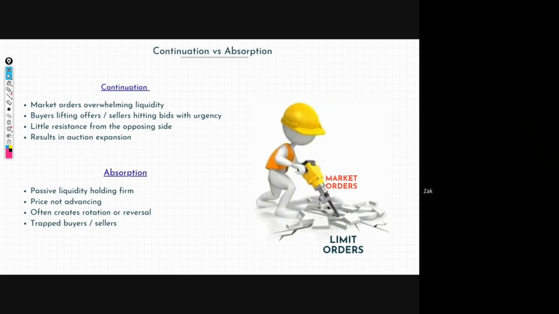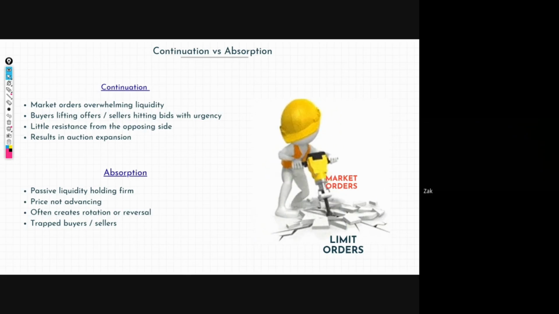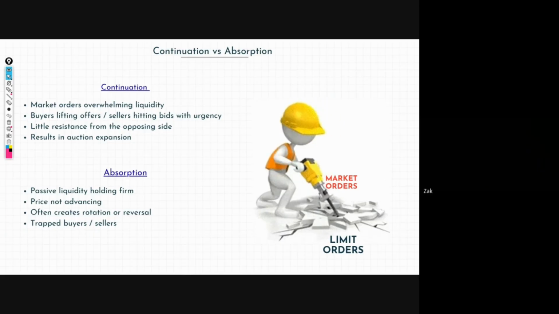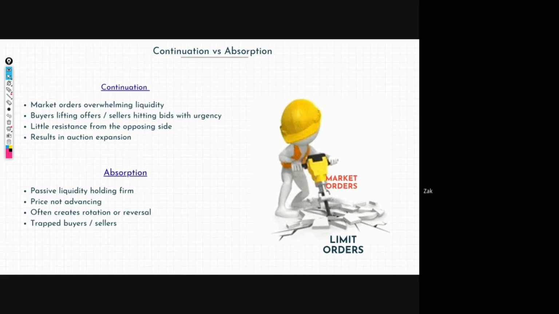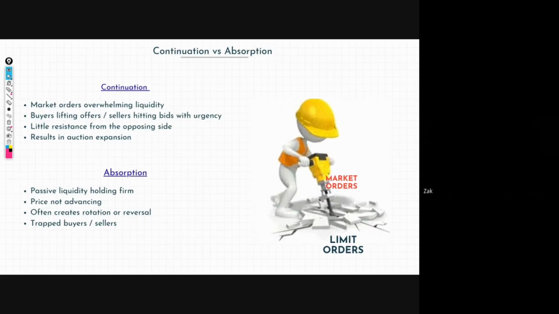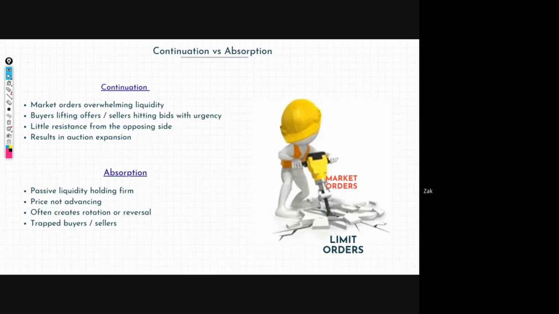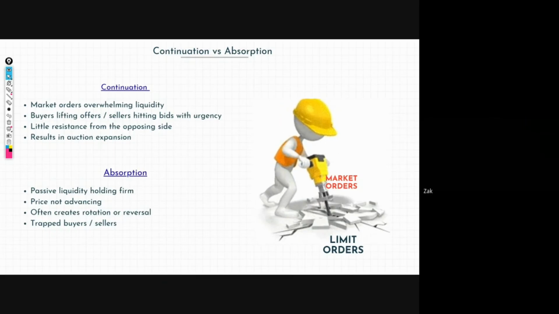That's what continuation is. So the internal information of that is just when market orders, you know how we talked about how passive liquidity needs market liquidity, aggressive liquidity to get filled. Essentially, continuation is when market liquidity is overwhelming the passive liquidity.